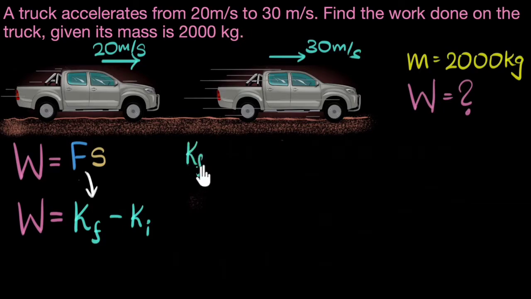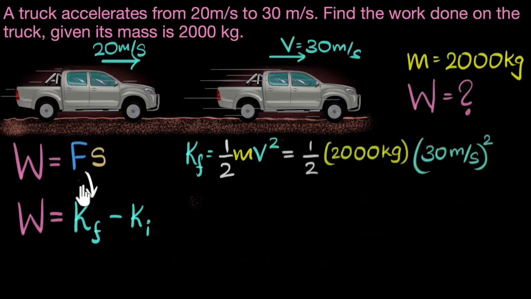So what's the final kinetic energy of our car? That's going to be half m into the final velocity squared. Let me call that final velocity v. We can now plug in the values, and if we simplify, 2 goes 1 times, so we'll get 1000 here, and 30 squared is 900.